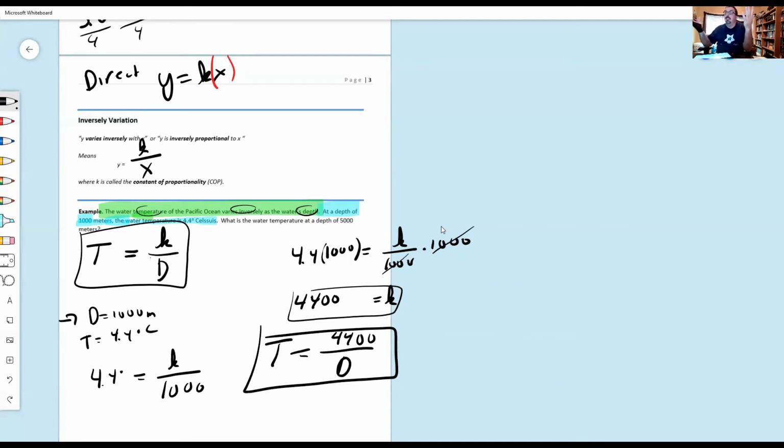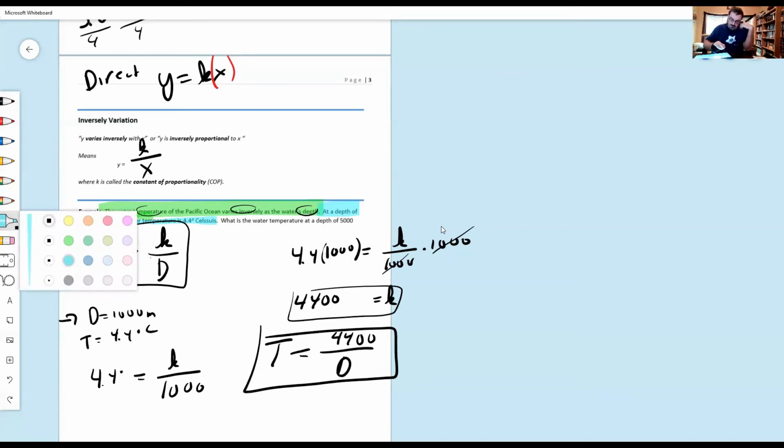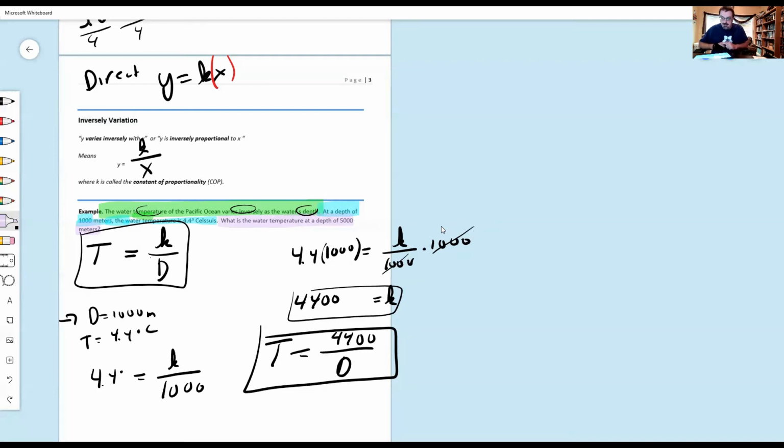Now we're finally ready to answer the last question. Use that last sentence. So, what is the temperature at a depth of 5,000? So, if D equals 5,000, T equals question mark.